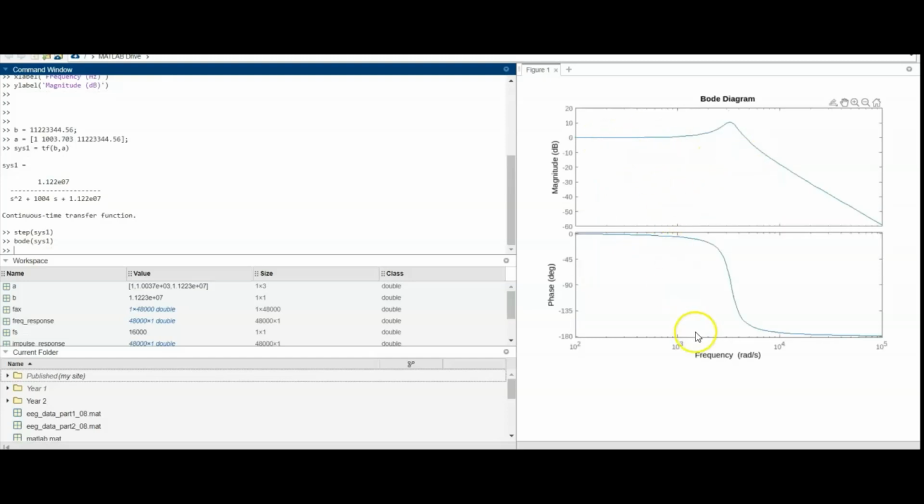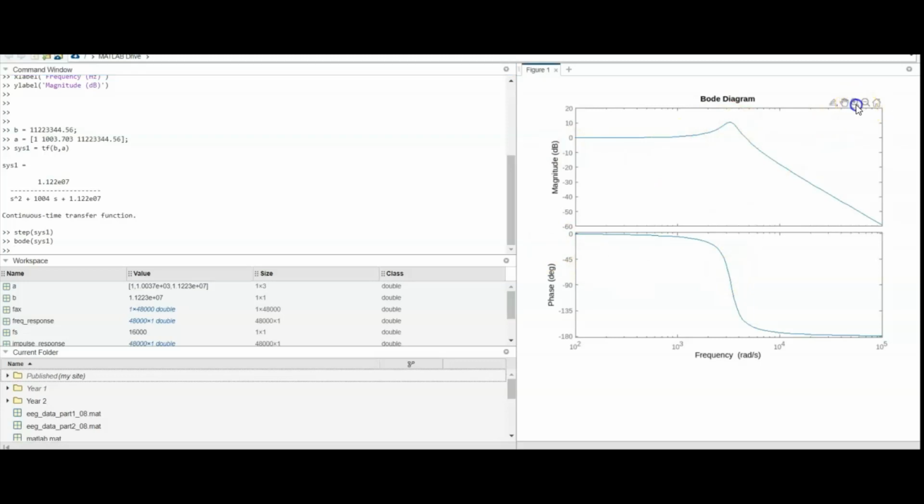It looks very similar for the magnitude. We can double check if we can zoom in, but there's a big spike around that frequency in radians, and then frequencies are amplified and then attenuated down here. So that is all the MATLAB code I'll be running through. Thank you.